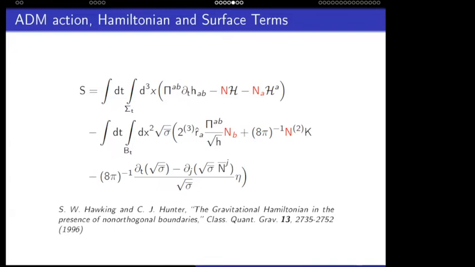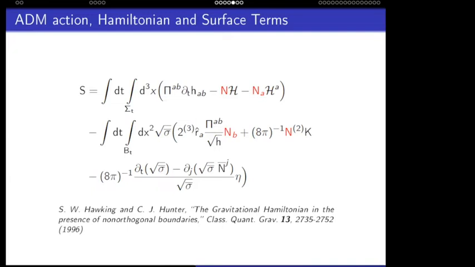But now you want to find the equation of motion. You have to take the variation with respect to h, n, and n^a. But what about the variation of these degrees of freedom at the boundary?